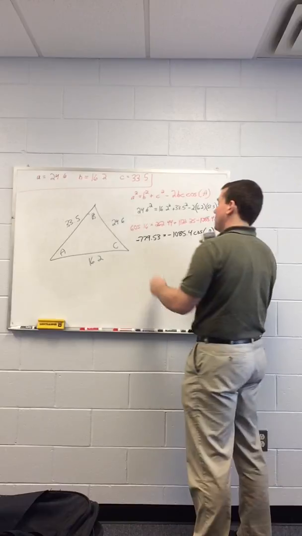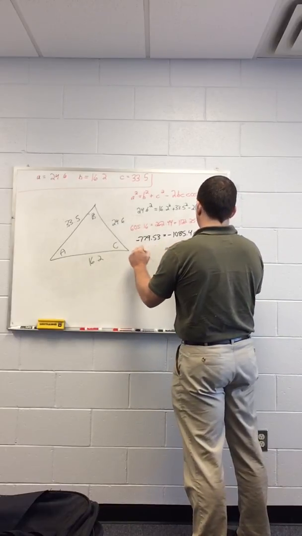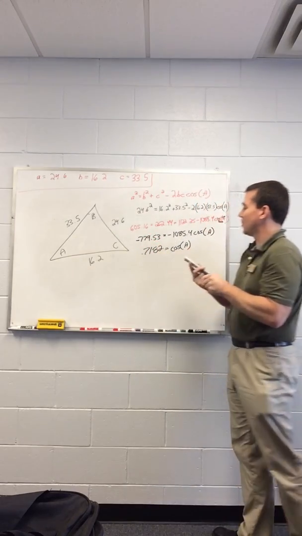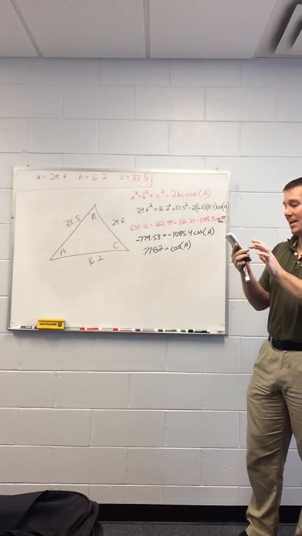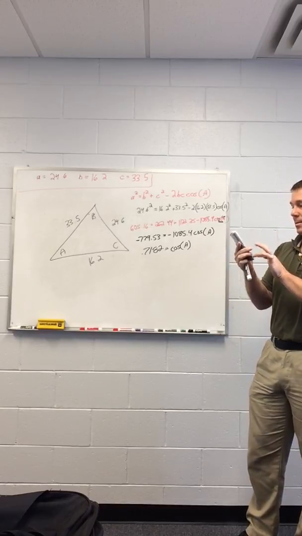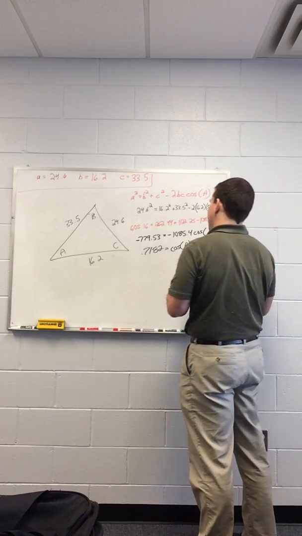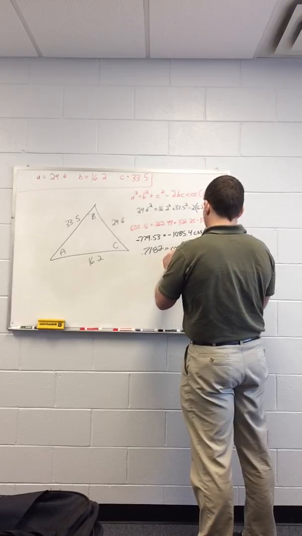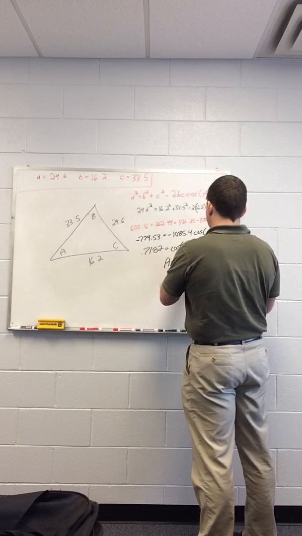And we get 0.7181. So cosine A equals 0.7181. It's actually 0.7182, so we'll round to that. And now that I have that, do cosine inverse. And we get A is equal to 44.09.